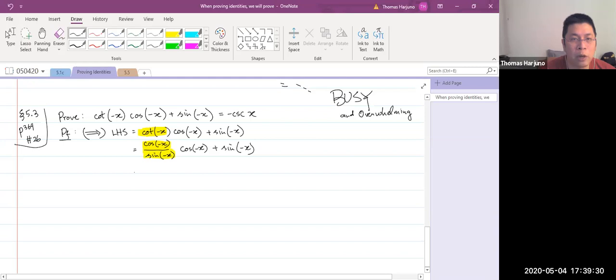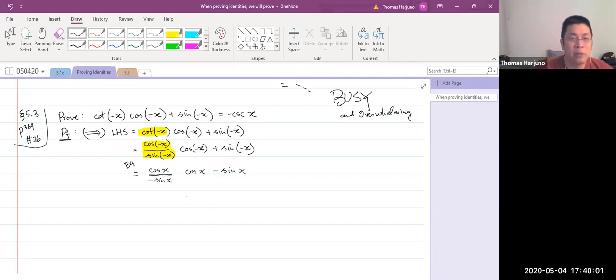Now, what do you think I will do next? Use the formula in identity in B4, the negative angles formula, where cosine negative is cosine positive, sine negative is negative sine, like that. Okay.